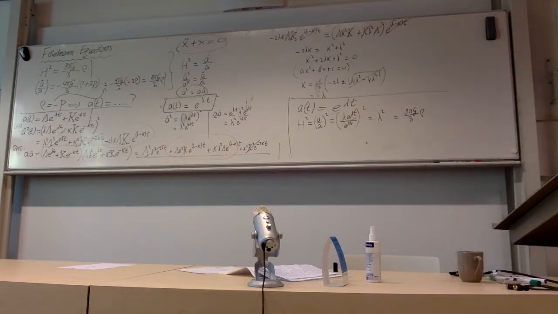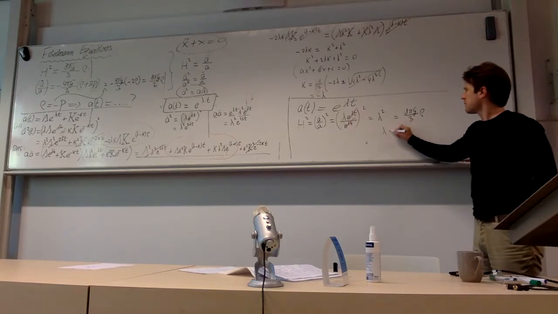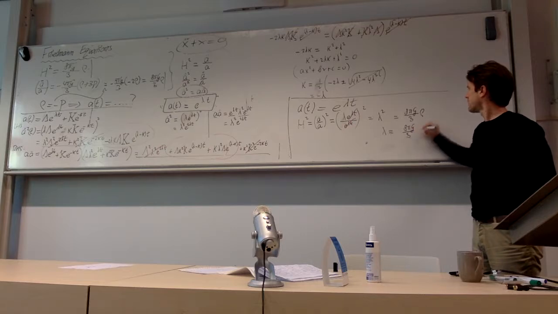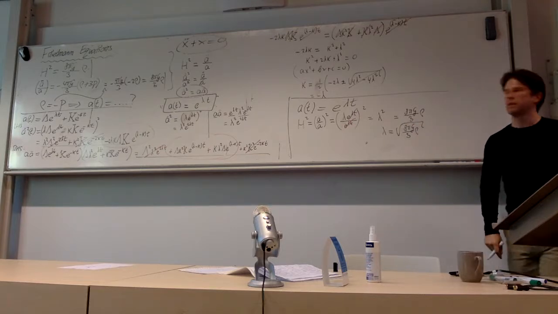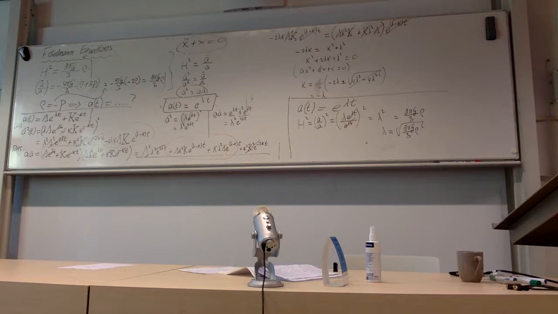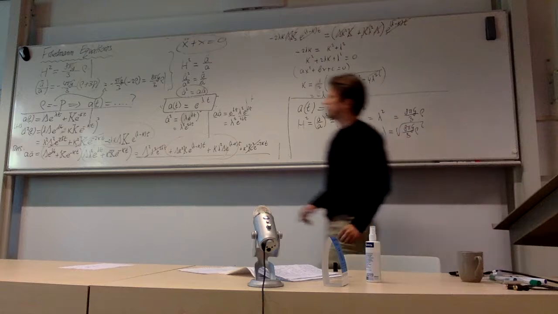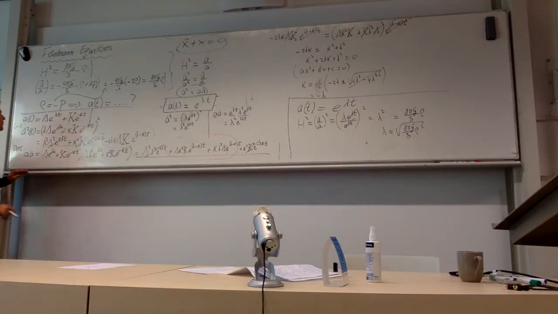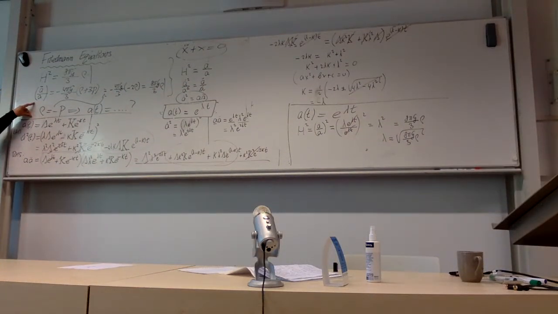Do you agree? But that means that lambda really is that thing. So what we have now, forget about the mathematics, just the physics. What we have now here is, under this assumption, you will find an exponentially expanding universe.